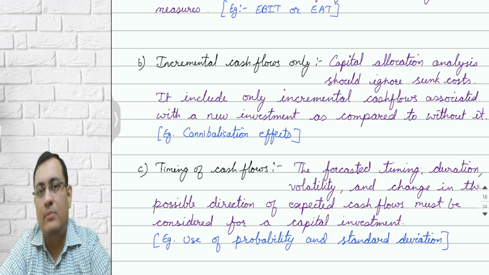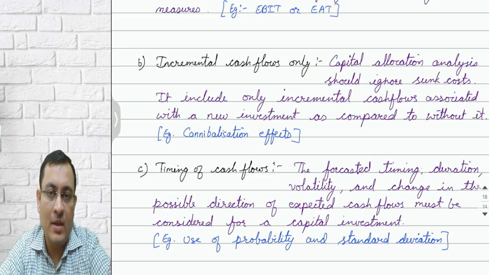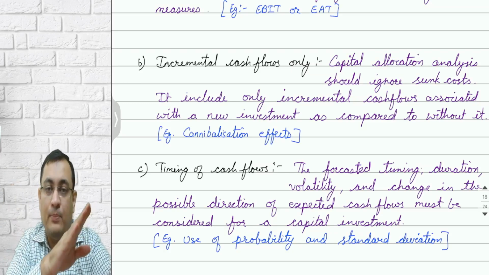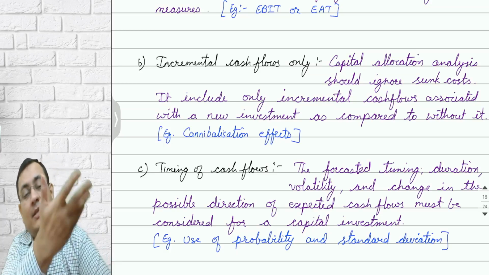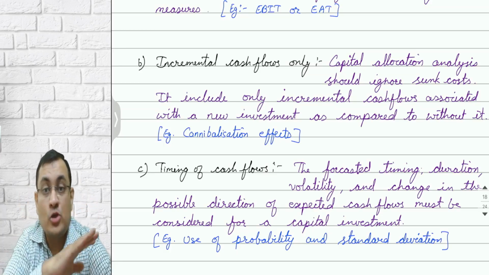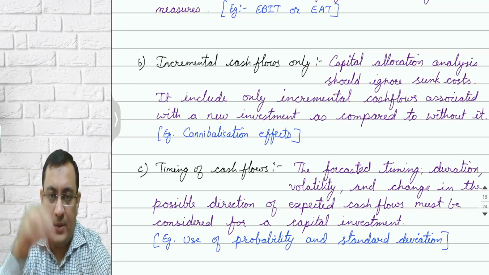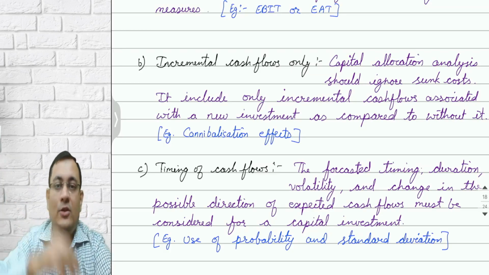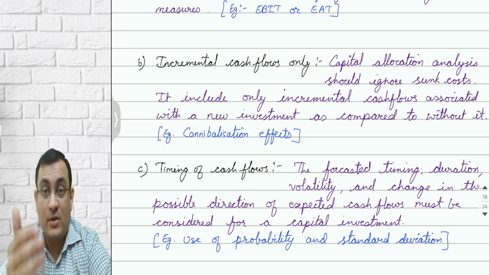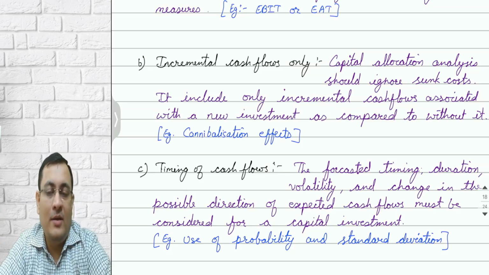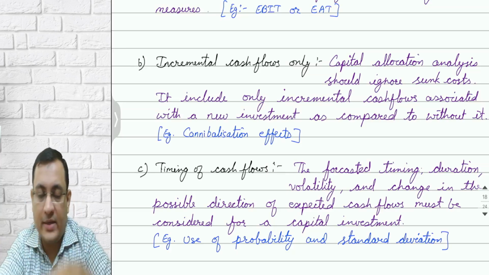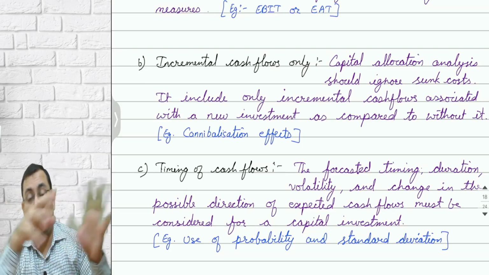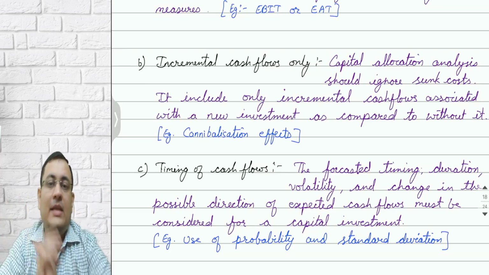Now 3 points from the revenue or inflow side. Number 4, anything which you were supposed to receive before the project and are receiving after the project, such as your existing product sales, should not be considered for the capital investment decision of a new product. That's okay, because we are doing a standalone project analysis, so your existing product sales should not be considered while calculating the NPV of the project.